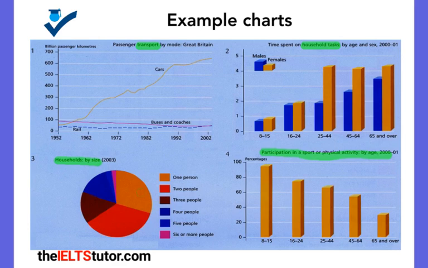Graph 3 compares relative numbers of households of different sizes from 1 person to 6 or more, so how many people in each household. And 4 compares different people at different ages participating in sport or physical activity. All right, so that's what it's about.